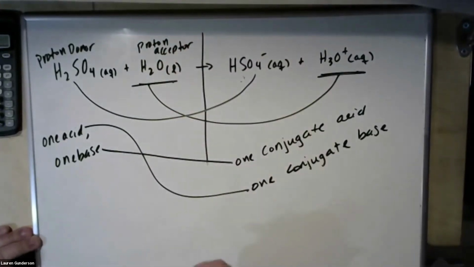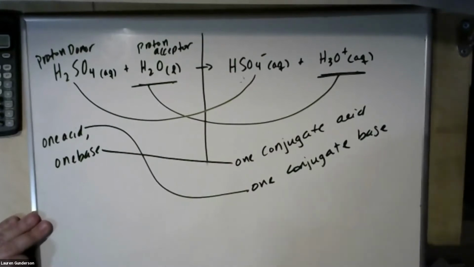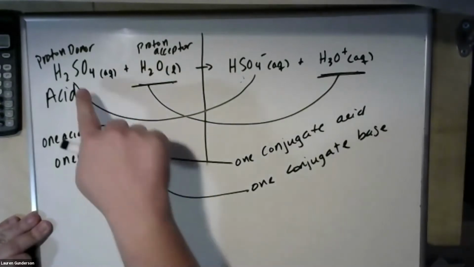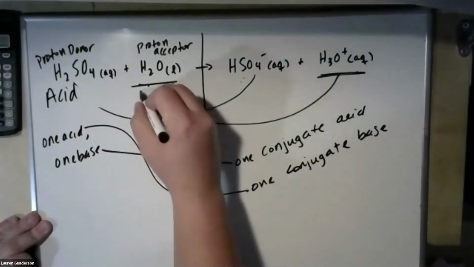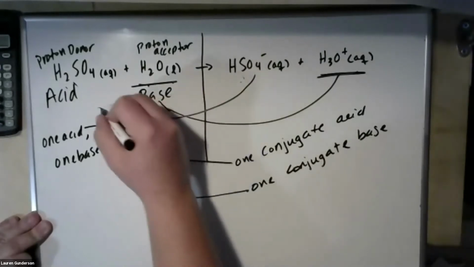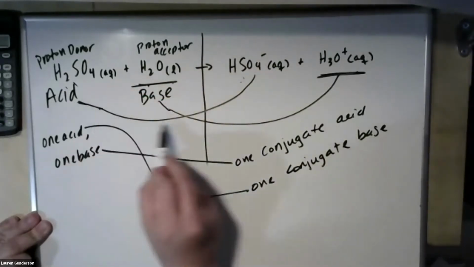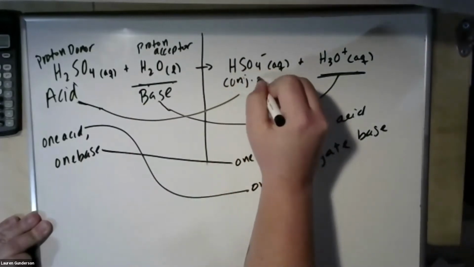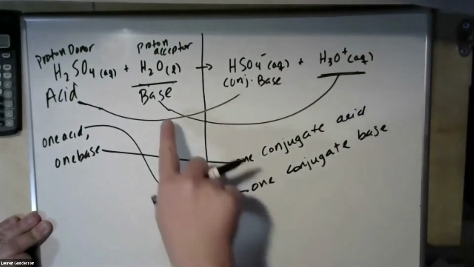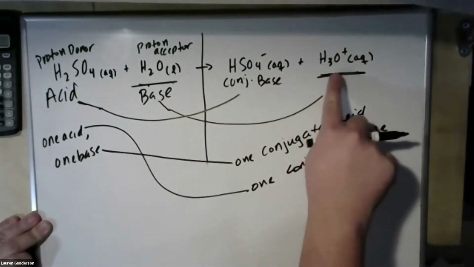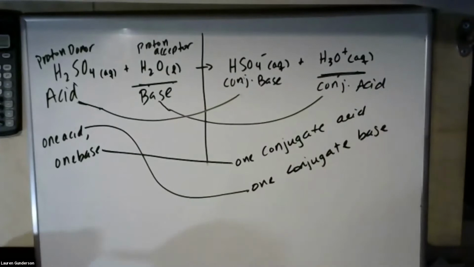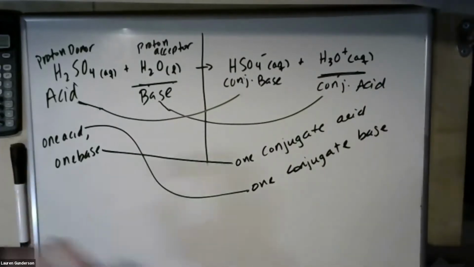Based on the Bronsted-Lowry definition we looked at a few minutes ago, that makes the H2SO4 our acid and the water our base. If we follow these lines, that means our HSO4 minus is our conjugate base, and our H3O plus is our conjugate acid. That's how this setup works.